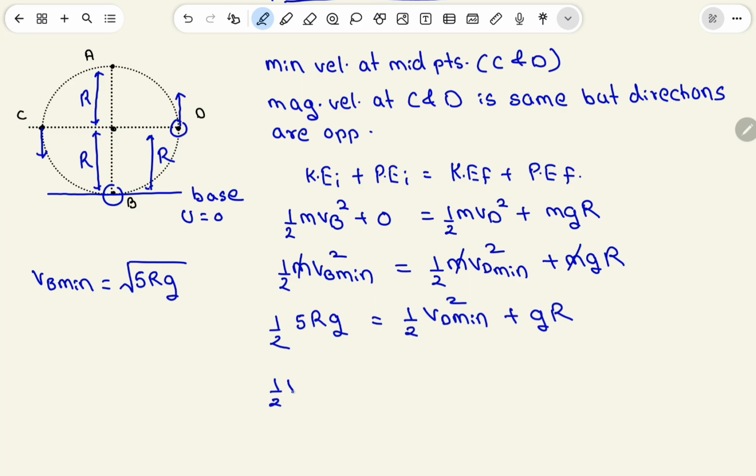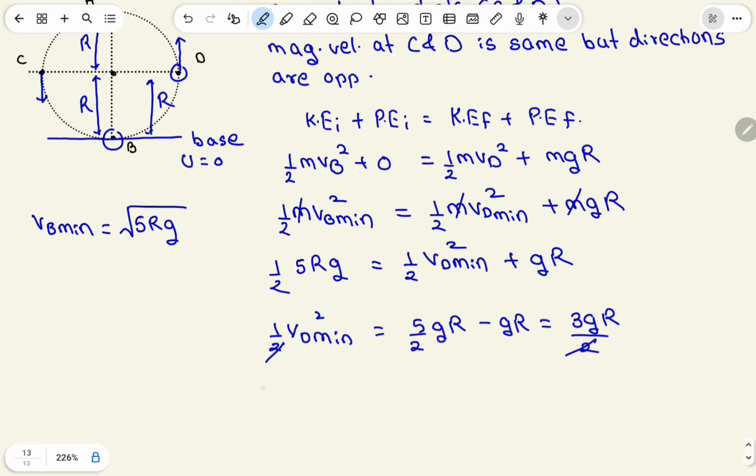So half vd minimum square is equal to 5 by 2 gR minus gR, which is nothing but 3gR by 2. The 2 and 2 get cancelled, and we finally get vd minimum, which is equal to vc minimum in magnitude, is nothing but under root 3gR.